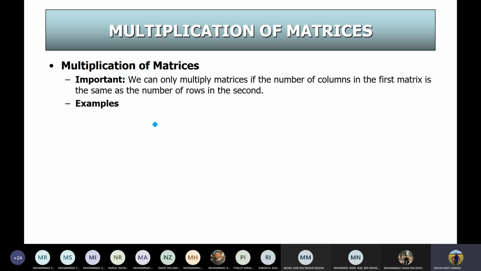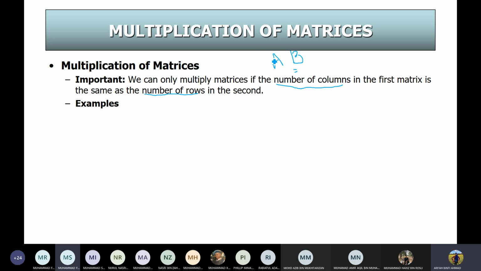Maksudnya sesuatu matrix tu awak boleh darabkan kalau dia punya order of the matrix dia ada sama size. Awak akan darabkan dua matrix kan. Contohnya awak ada matrix A dan juga satu matrix lagi matrix B. So kalau nak darabkan matrix A dengan matrix B ni, matrix A punya number of column mesti sama dengan matrix B punya number of row.